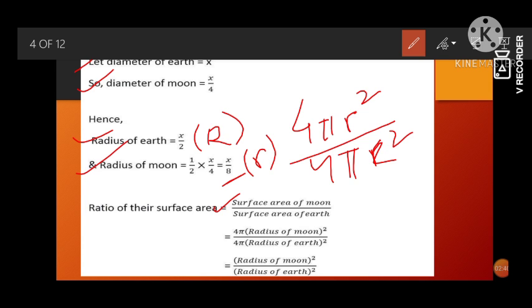As you can see, 4 pi, these two terms are common in numerator as well as in the denominator. So we can cancel them off and we will get radius of moon whole square by radius of earth whole square. Or in symbol form, we can write small r square by capital R square.